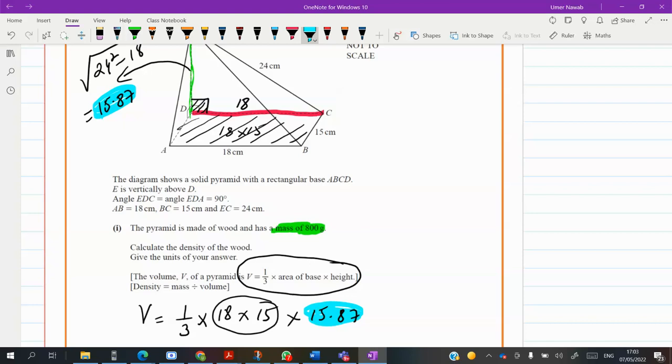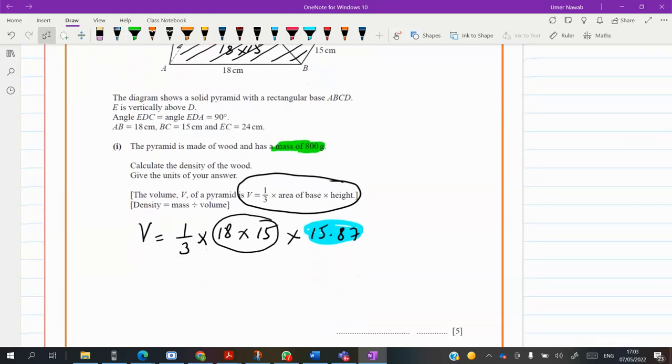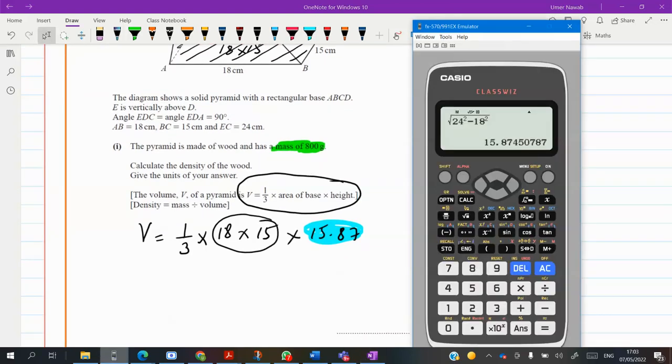Get your answer. 1 over 3 times 18 times 15 times 15.87, and we got our answer 1428.3 or 1430.